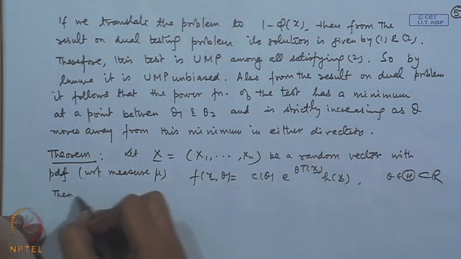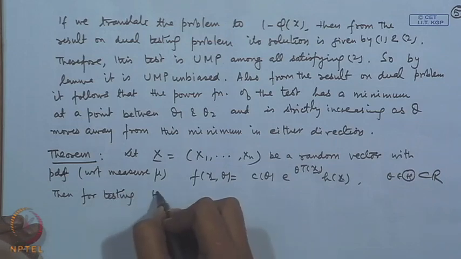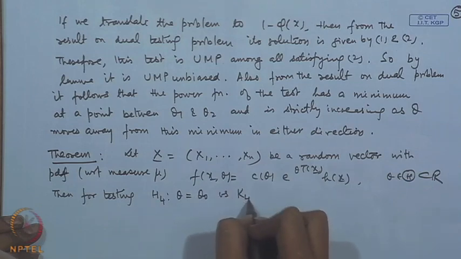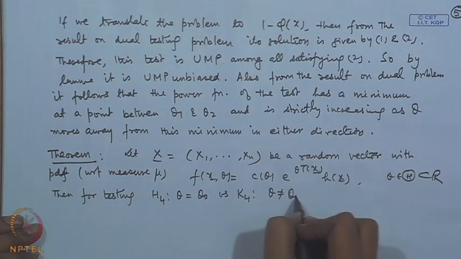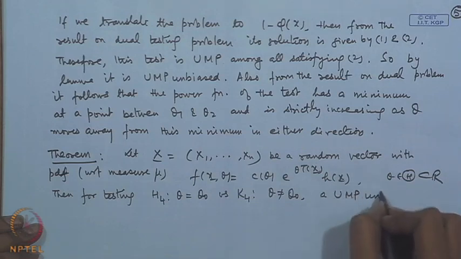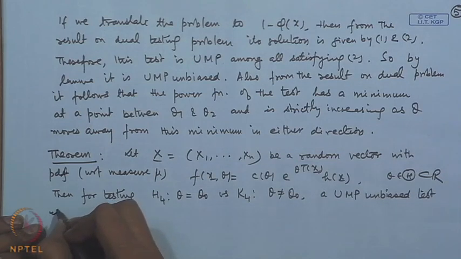Then for testing H 4, theta is equal to theta naught against K 4, theta is not equal to theta naught, a UMP unbiased test is given by the following.